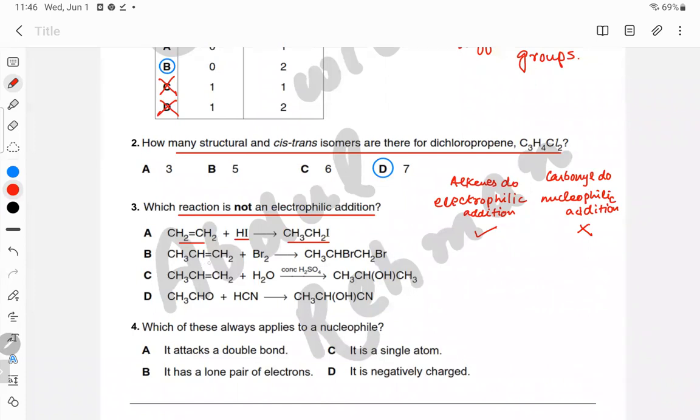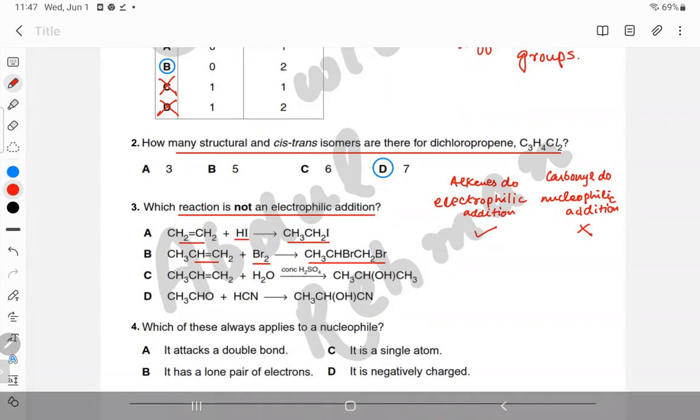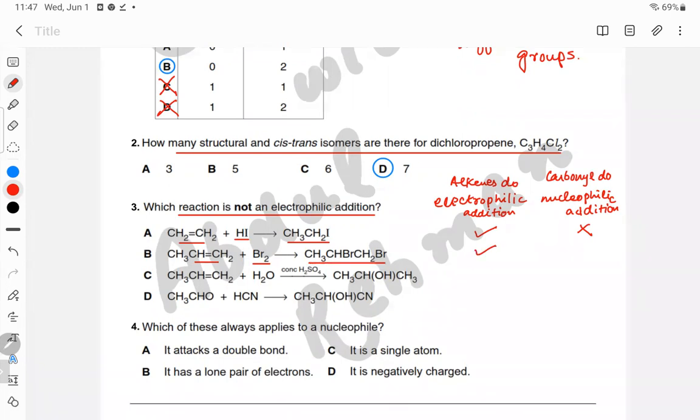Here we have another alkene reacting with bromine, and we are getting another addition product. So again it's an electrophilic addition. So A and B are wrong. Now if you look at C, again we have an alkene reacting with water and forming another addition product, so it is also an electrophilic addition. So C goes wrong. We are left with option D, so D is correct.